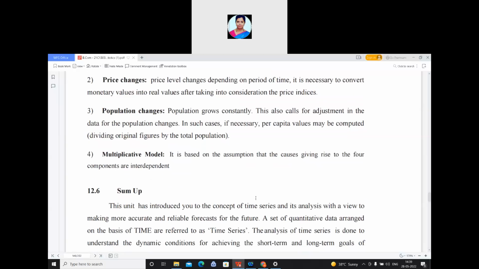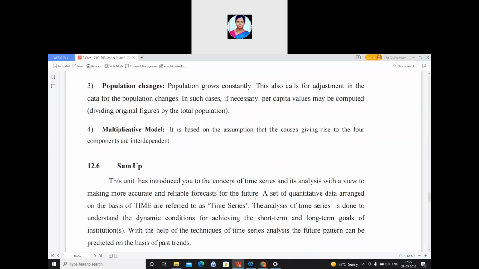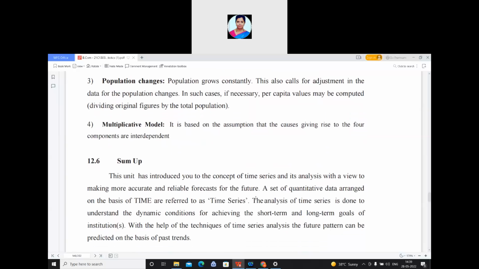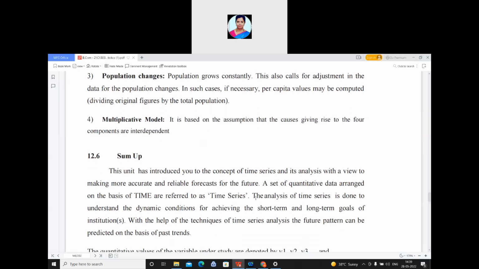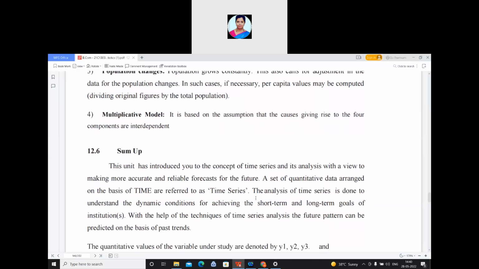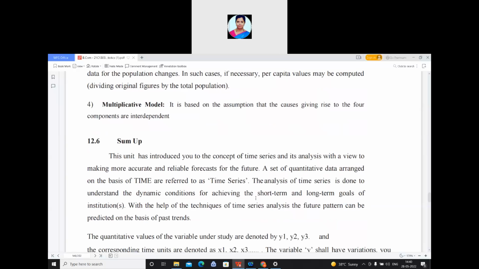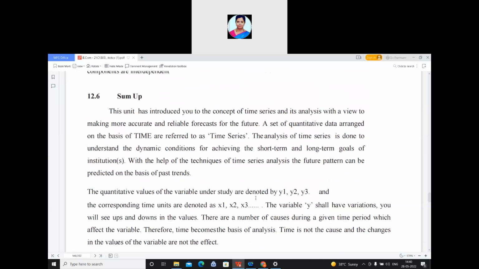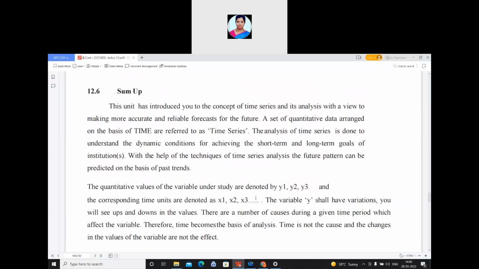We have seen what we mean by time series, where we are using it, how we are analyzing it, what the long term and short term goals are, what techniques we are using, and that the quantitative values of the variable under study are denoted by y1, y2, y3, and the corresponding time by t1, t2, t3, and time becomes the basis of this analysis.